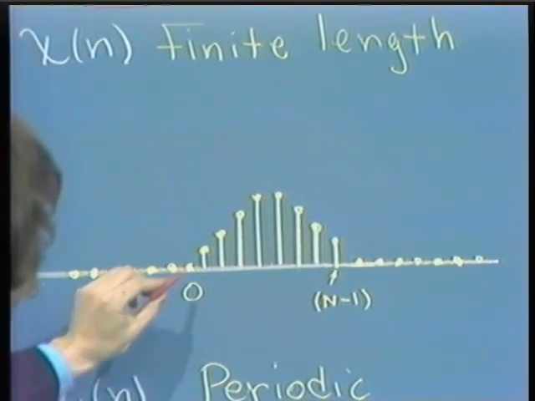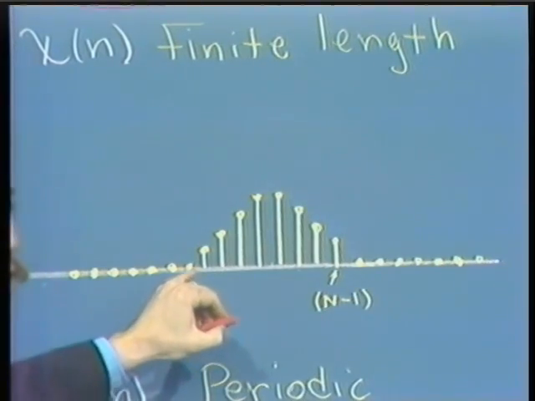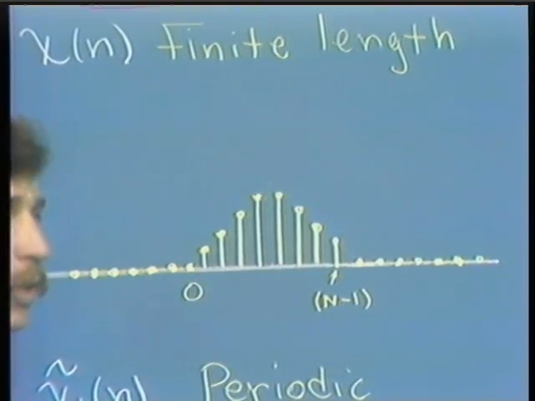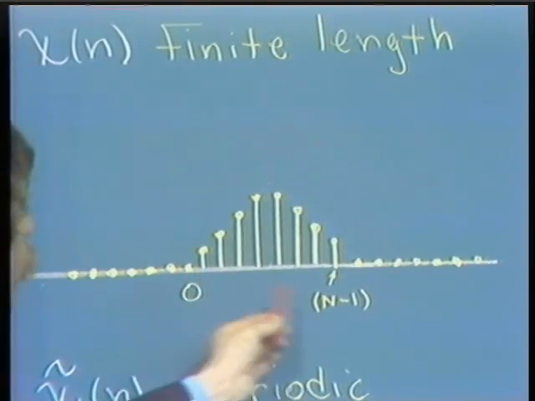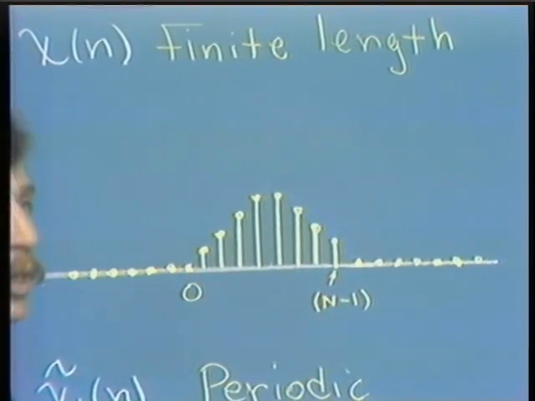It's interesting, just as an aside, to note that for this particular sequence, it's also actually 0 outside the range from little n equals 1 to capital N minus 1.